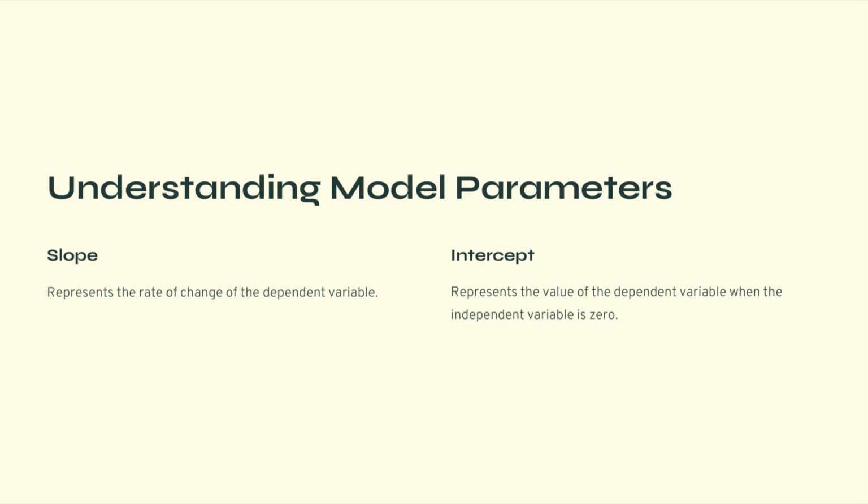Machine learning algorithms estimate these parameters automatically during the training process. Once the parameters are learned, the regression model becomes a mathematical function that can generate predictions. Understanding these parameters is important because it allows us to interpret the model and understand the relationship between variables.